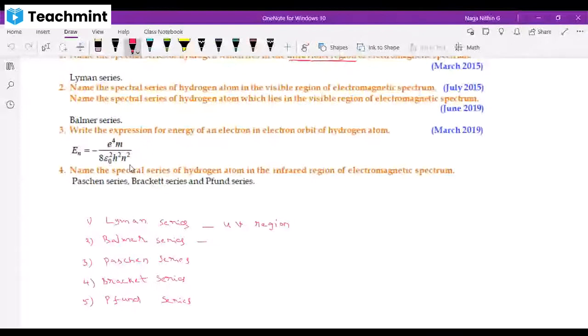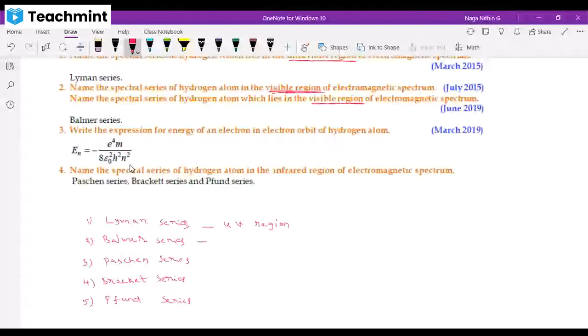Name the spectral series of hydrogen atom which lies in the visible region of the electromagnetic spectrum. So the answer will be Balmer series.